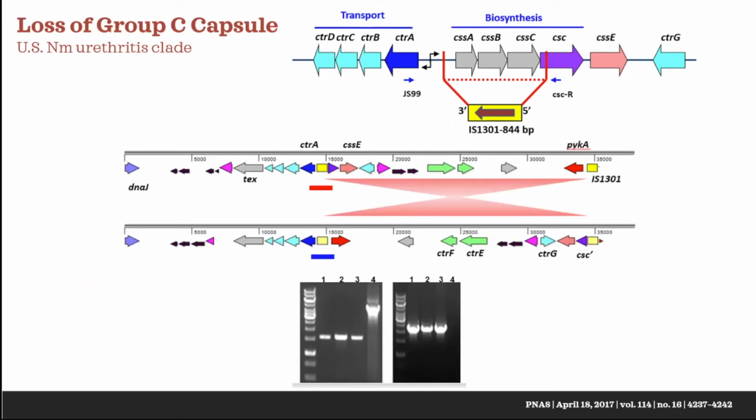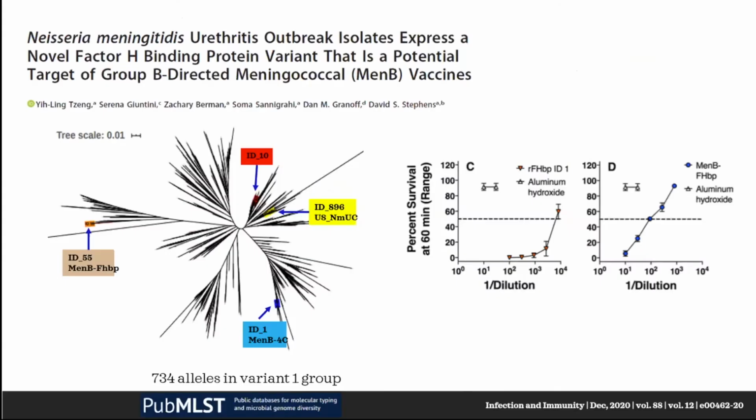Certainly the database was very helpful in helping to understand the molecular genetic events that had gone on with an IS1301 insertion to result in deletion of the biosynthesis genes for serogroup C, and to render this clade capsule negative, even though it clearly was related to a serogroup C ancestor. A lot of work has gone into characterizing the pathogenesis of this clade.